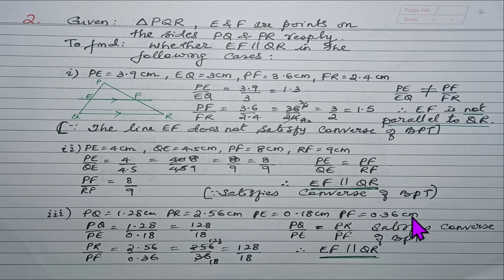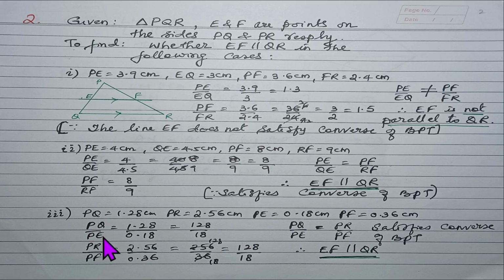Now taking the ratio PQ upon PE will be 1.28 divided by 0.18, and that is 128 by 18, and PR upon PF is 2.56 divided by 0.36, we get 128 by 18 again.